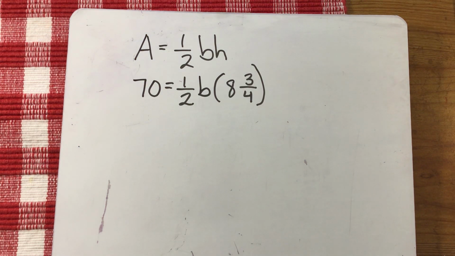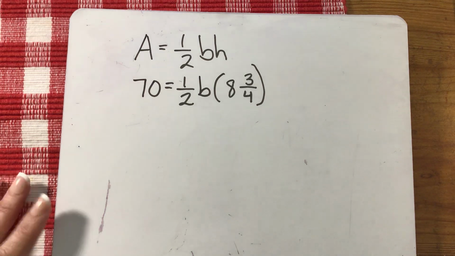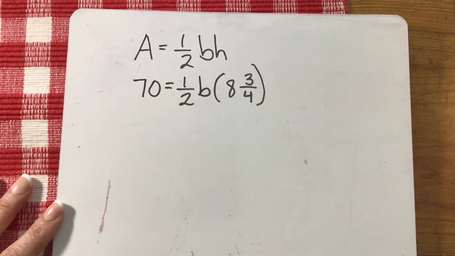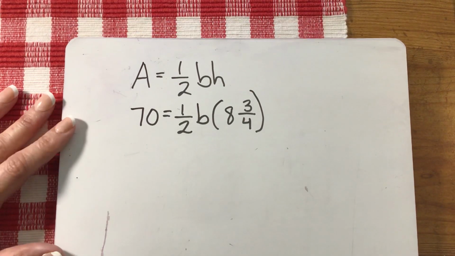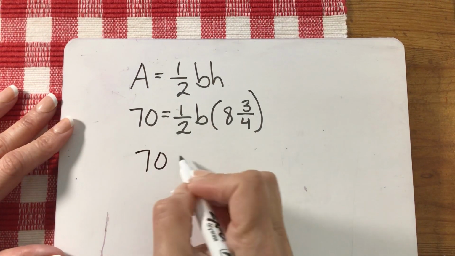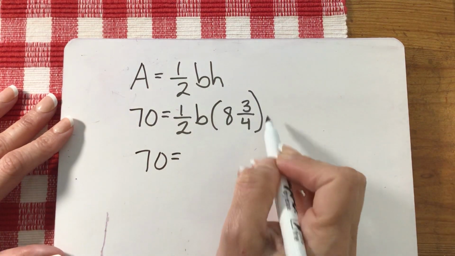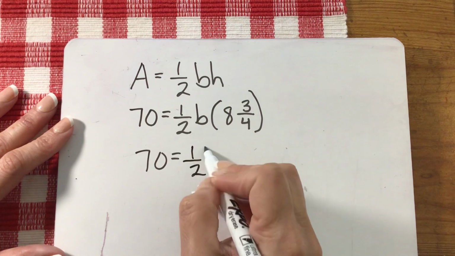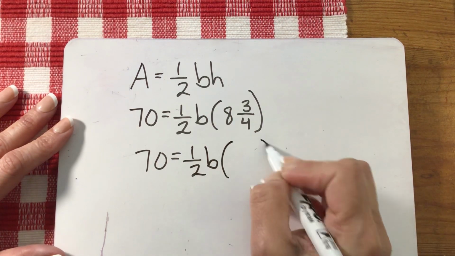I can't figure out half the base because I don't know what the base is, but I do know what the height is. I have to figure out a half of 8 3/4. So what I'm going to do here is I need to change this to an improper fraction. 1/2 b, notice how I'm doing step by step.